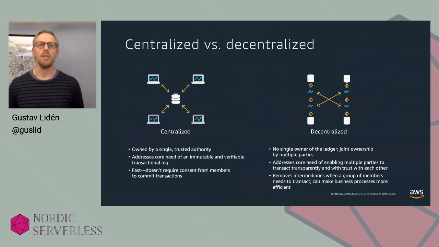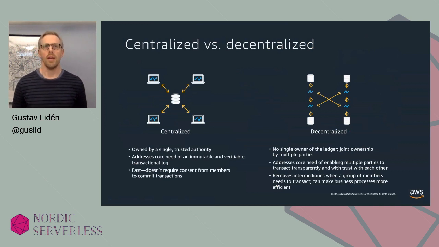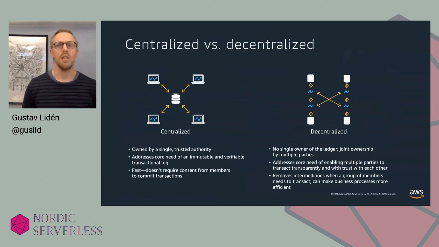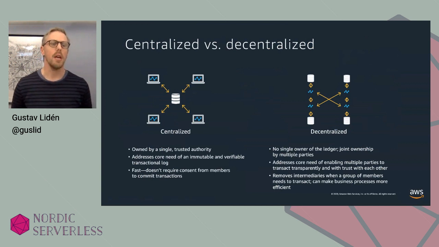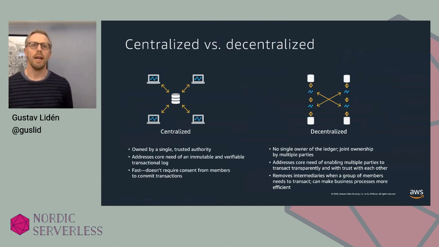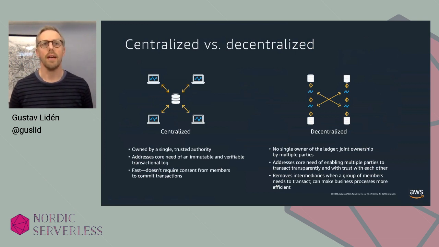So a situation where the business really has trust towards a central authority, but wants to have all the nice aspects of having an immutable transaction log attached. And by having this combination of a single authority and the log, that log can be much faster and require less energy, etc., compared to decentralized situations.